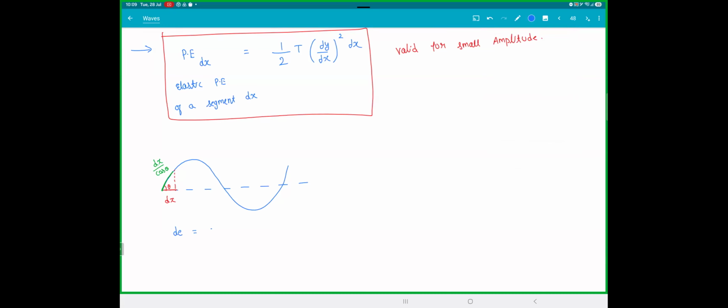So the elongation in the dx piece, when this wave is moving, it will stretch. So this will be dx by cos theta minus dx. This is the elongation in that small piece, which can be written as dx into (sec theta minus 1).